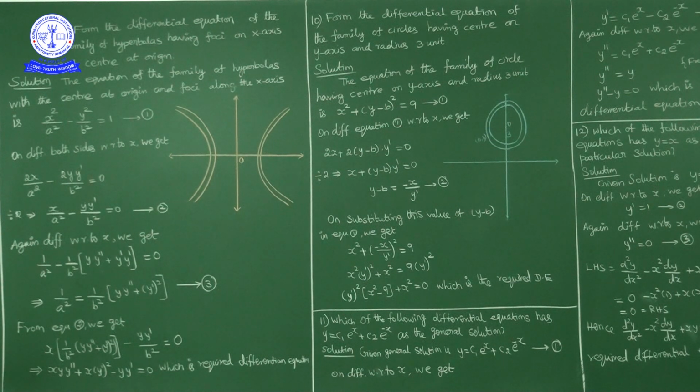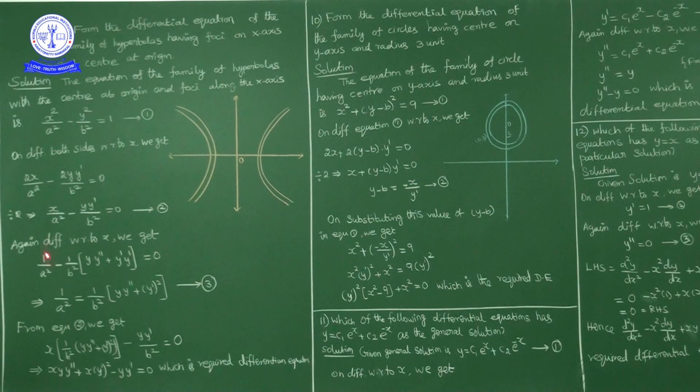Here we have a product of two functions. Product of two functions differentiation is first function into derivative of second function plus second function into derivative of first function. Okay, by using the product rule formula, y into derivative of y dash, y double dash, plus y dash into derivative of y, y dash, is equal to 0.